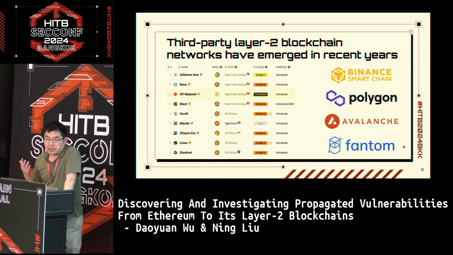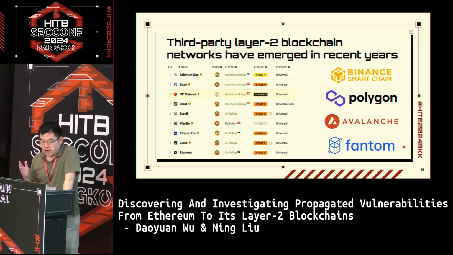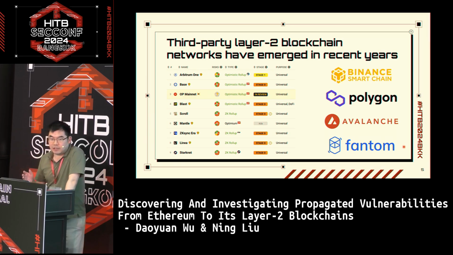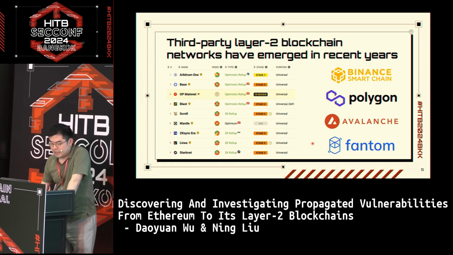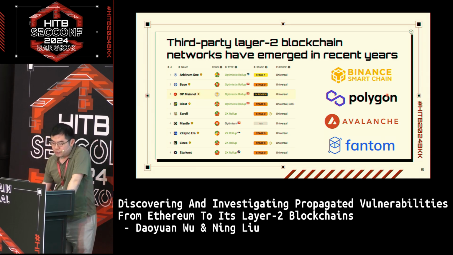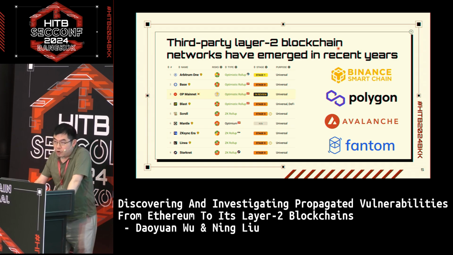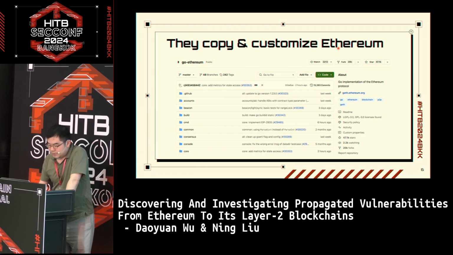They all use the same EVM, the Ethereum Virtual Machine, so that they can be compatible with existing smart contracts, but they are not connected to Ethereum, except Polygon has a certain mechanism to connect to Ethereum. So this is the current state of the so-called layer 2 blockchains for Ethereum.